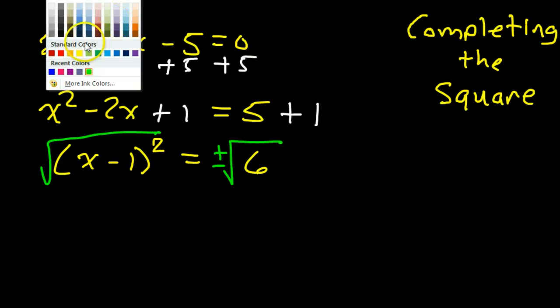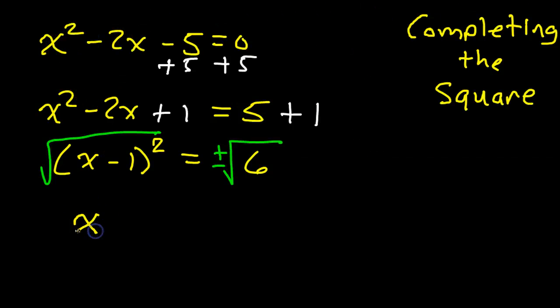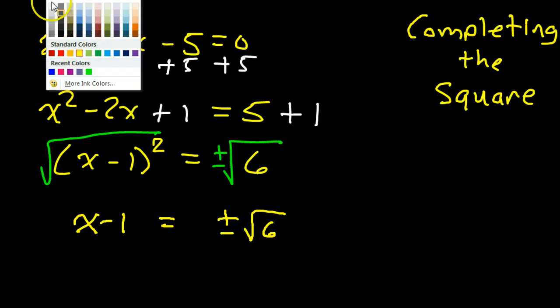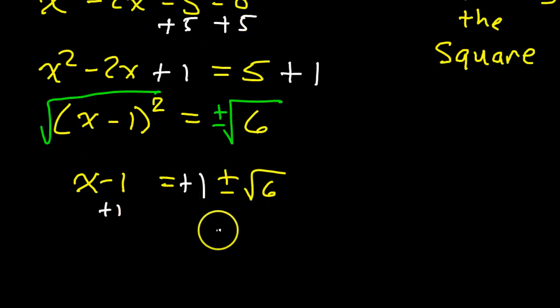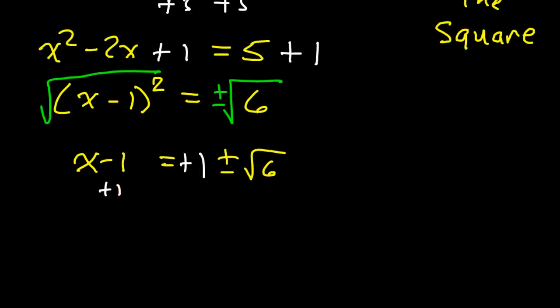So that's going to leave me with x minus 1 is equal to plus or minus radical 6. Then I need to add 1 to both sides, and we'll put it in the front. So that gives us the final answer of x equals 1 plus or minus root 6.